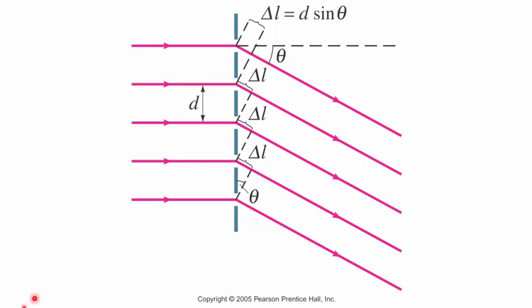What we want is, if we are at such an angle that the difference in the distance for adjacent rays, this difference here, delta L, which is going to be d sine theta, as we've seen a bunch of times, is equal to a multiple of the wavelength, like with double slit diffraction, then we're going to get constructive interference.